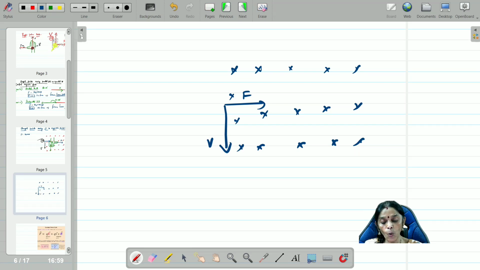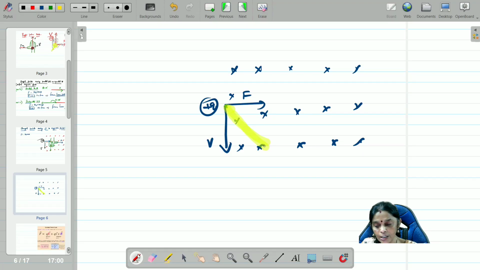Now what happened? Neither of the two directions it moves, because the charged particle has been pulled towards the right. Rather, it moves along its diagonal according to the parallelogram law of vectors. So this charged particle tries to move like that.